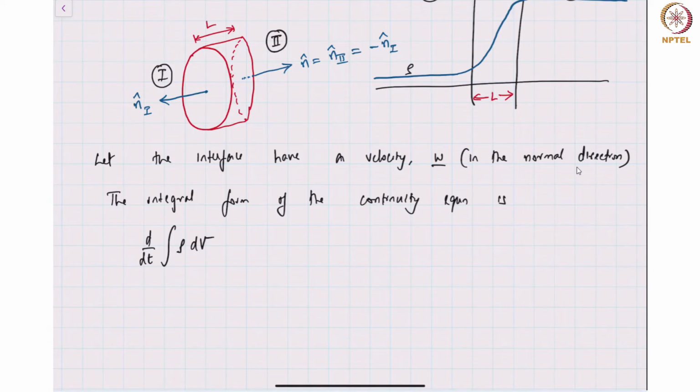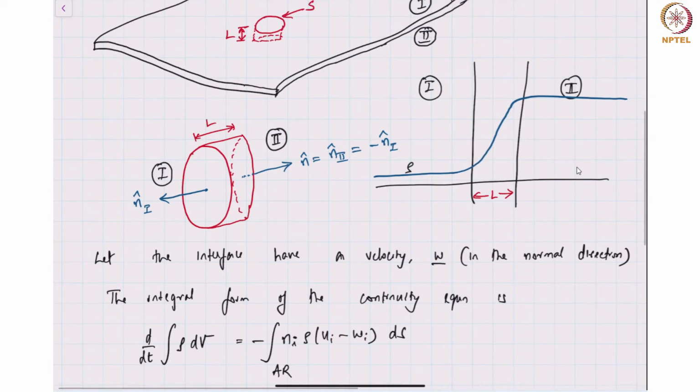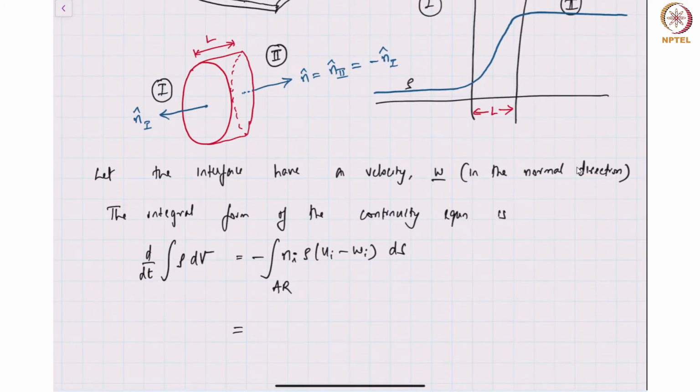d by dt of integral rho dV will be minus integral n_i rho (u_i minus w_i) dS over an arbitrary region. Now I want to write this integral over regions 1 and 2. If I consider the small element that I have here, there are two normals.